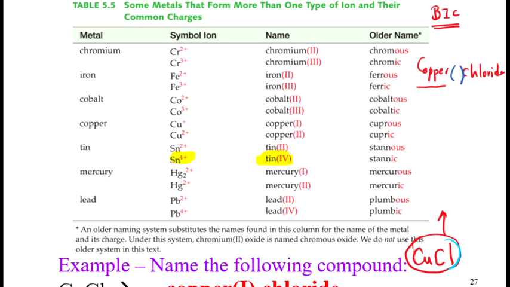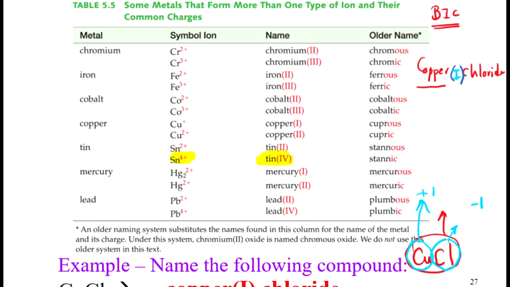Look here, what is the charge for chlorine? Group number 7, 7 minus 8, 1 negative. So we need to have the same positive charge here. 1 positive. So I write 1.